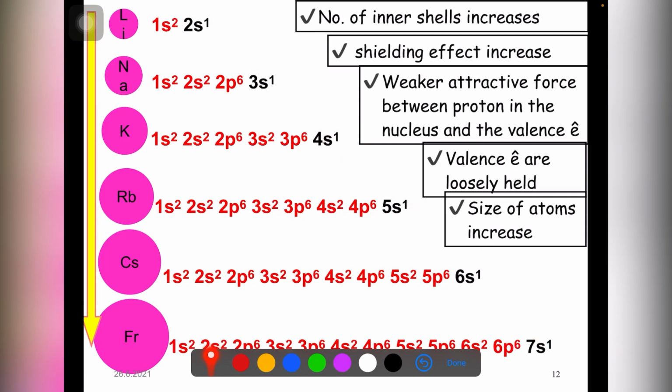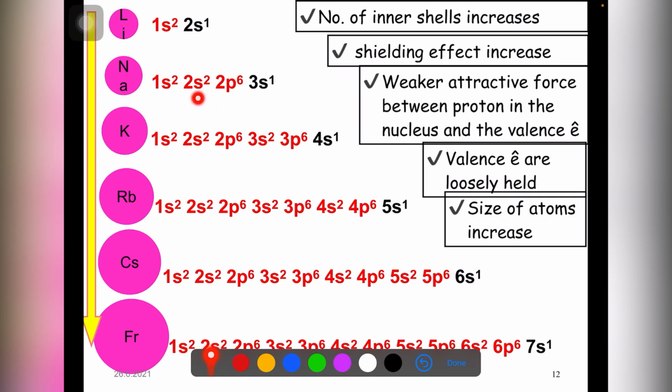But the difference is that the atomic radii increase down a group. Why? Because down a group the number of inner shells increases. You can see that from the electronic configurations.